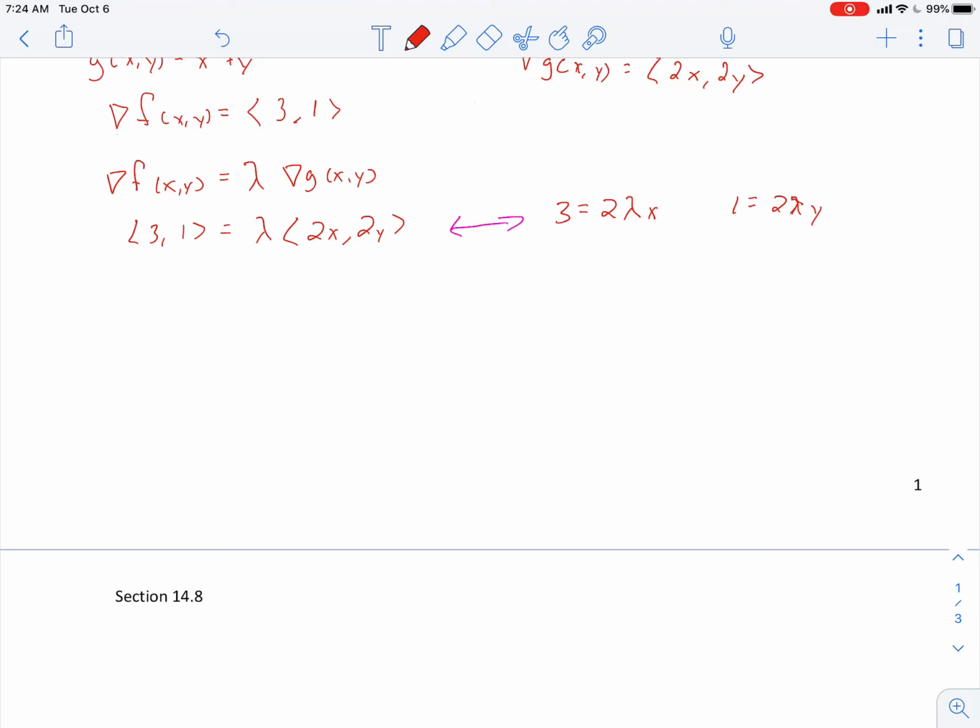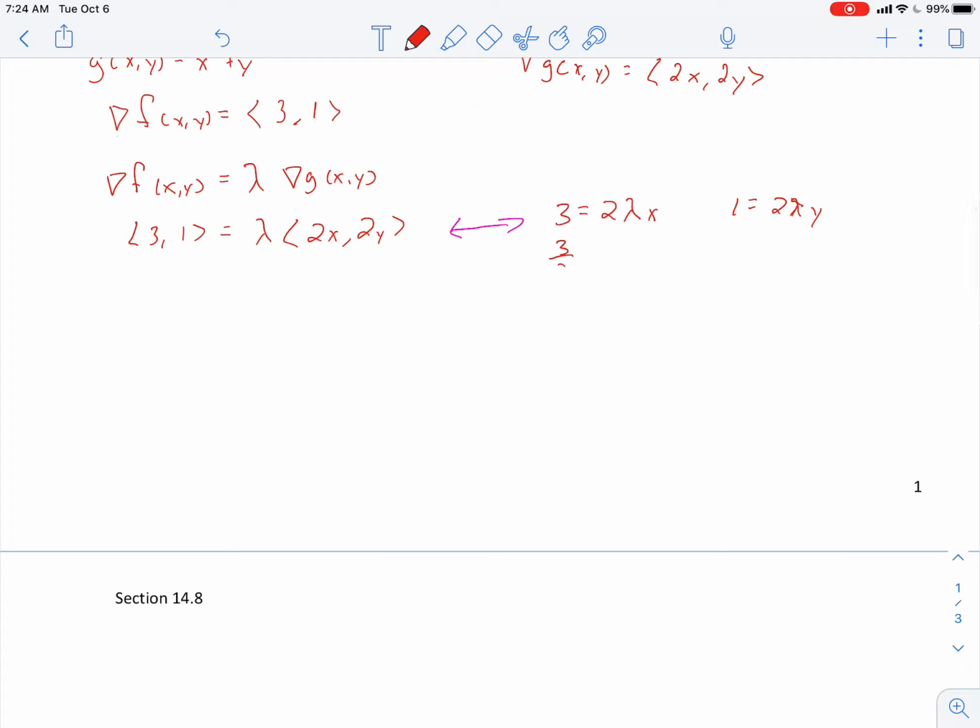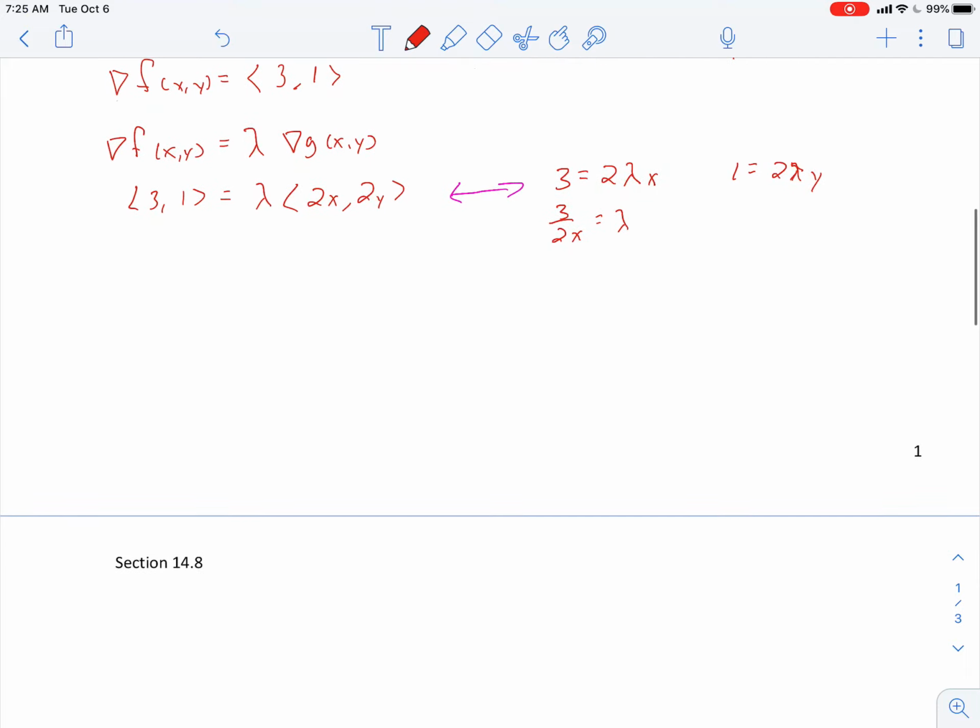Alright, now I'm going to go ahead and solve for these. I'm going to solve each of these for lambda. And so I'm going to get 3 over 2x is equal to lambda, and on the right, 1 over 2y is equal to lambda.